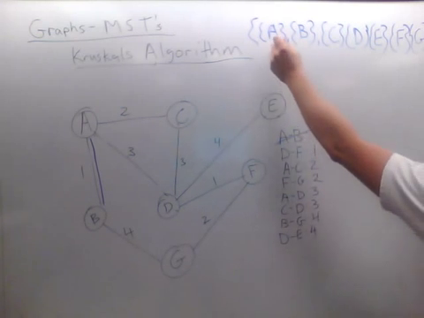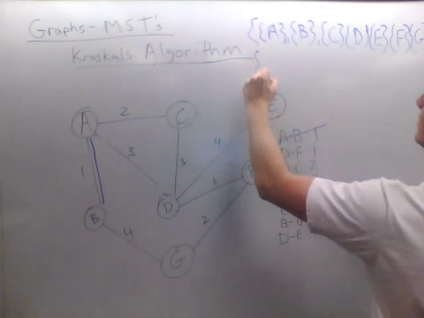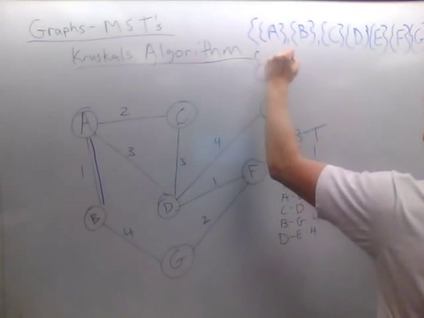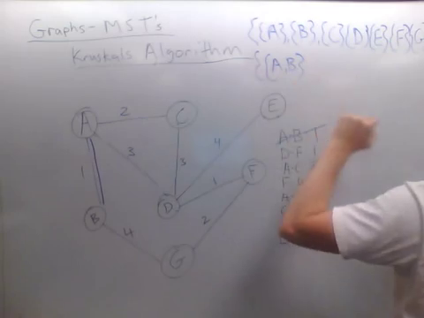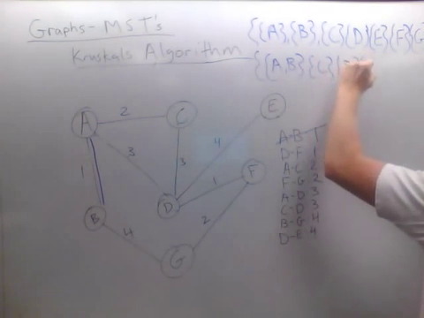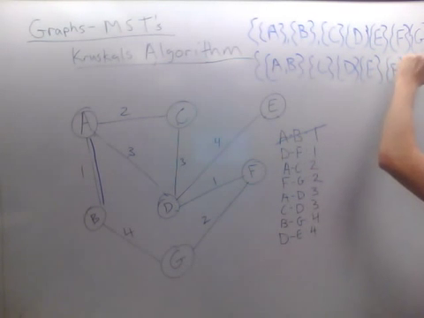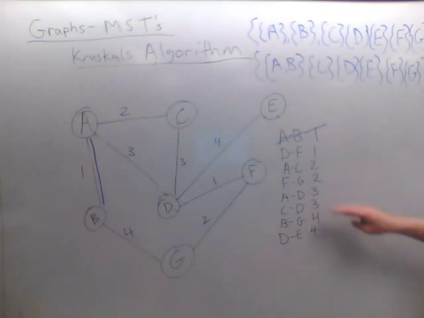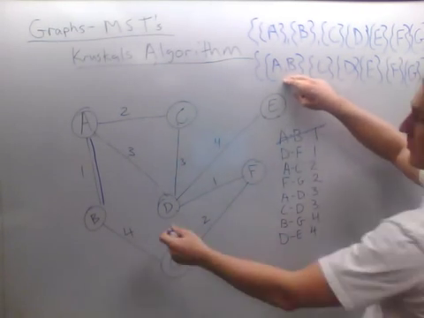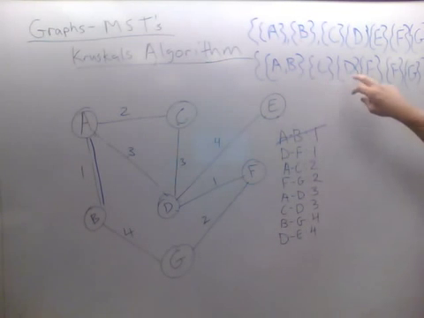However, A and B are not in the same set, so I can add this edge. So if I rewrite, now A and B are in the same set. C, D, E, F, G. So A and B have been added to my minimum spanning tree, and C, D, E, F, and G are all in their own set. They have not been added to the tree yet.